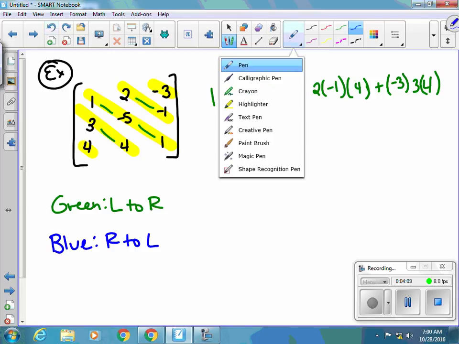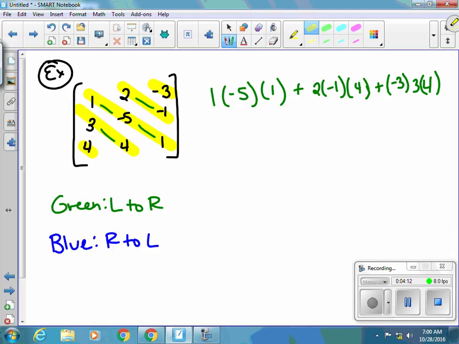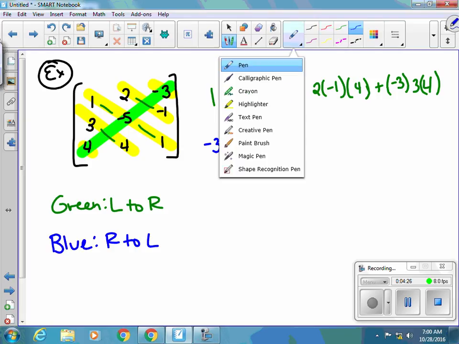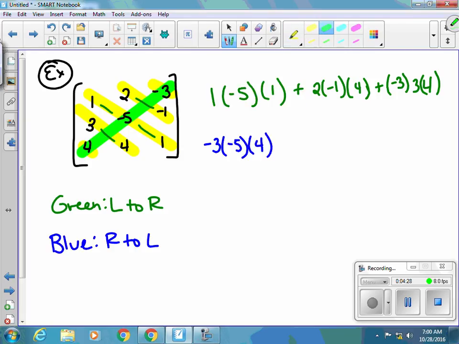So now we're going to go backwards. My first diagonal is going to be that -3, -5, and 4. And now I just keep going with my diagonals. 2, 3, and 1.